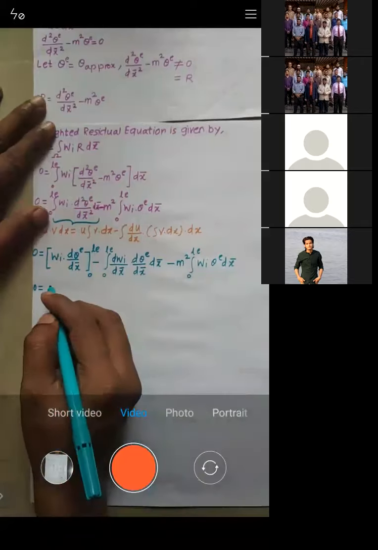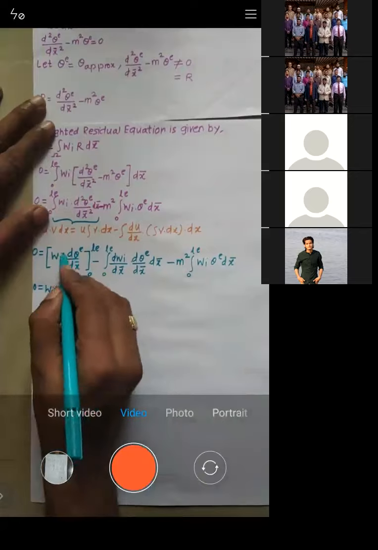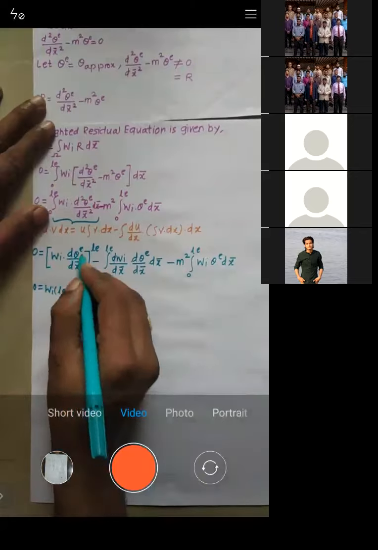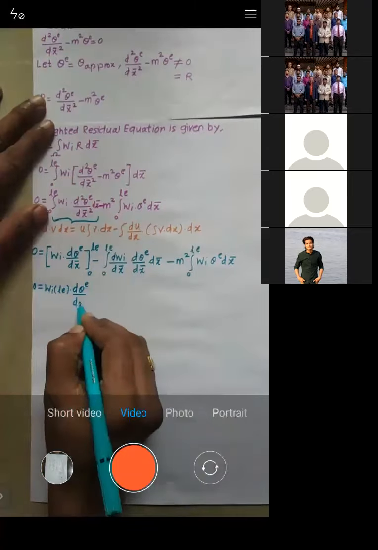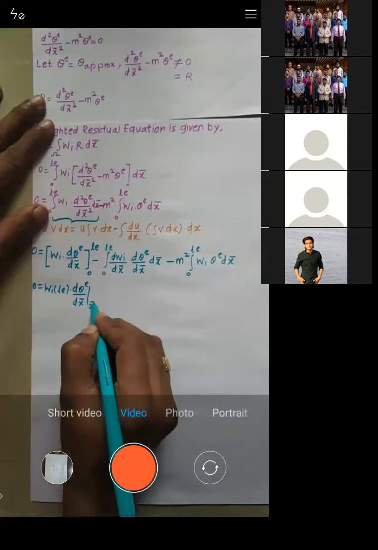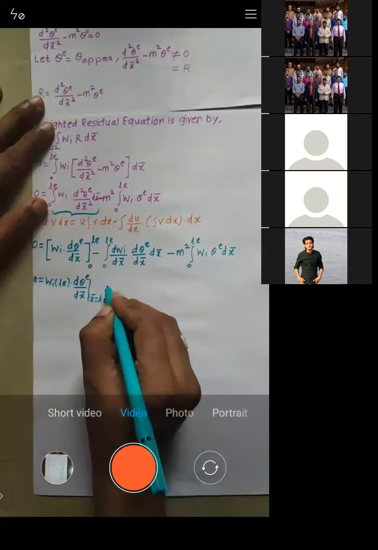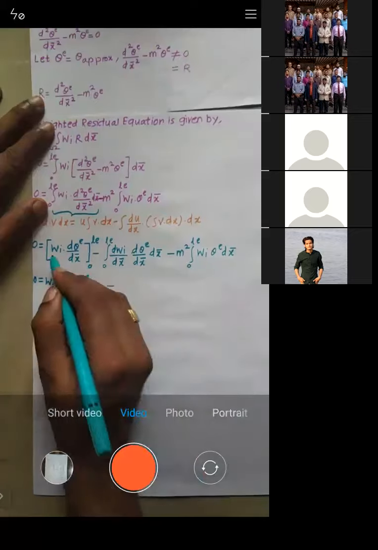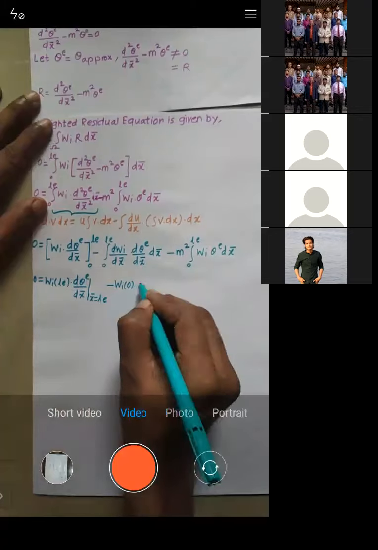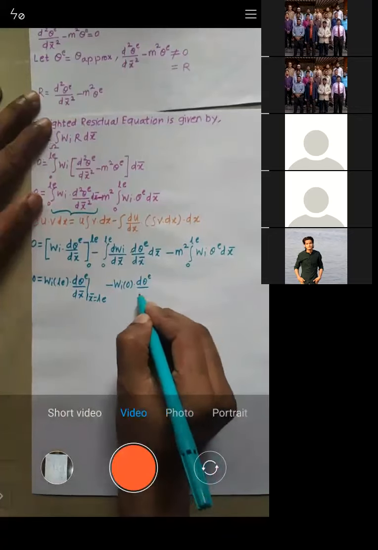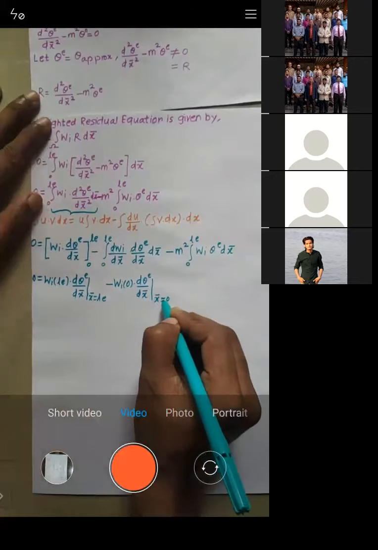So the weight function at LE into d theta e by dx bar when x bar is equal to LE, you have put the upper limit. Minus, now we need to put the lower limit: the weight function at 0 into d theta e by dx bar when x bar is equal to 0.